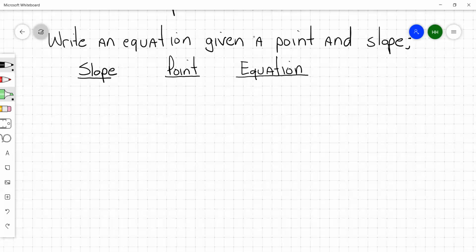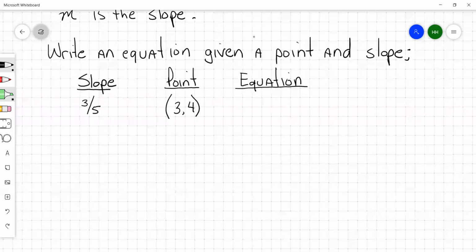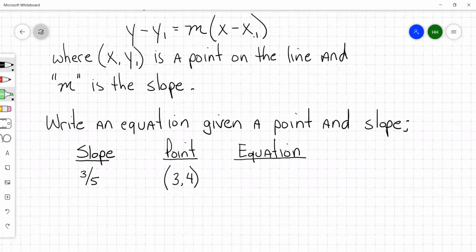All right, so if you're given a line with a slope of 3/5 and you're told that it goes through the point (3, 4), here's the equation. The equation has to fall into this format. And what this format means is, for writing an equation purposes, the letter y, and then the opposite of your y value at the point that you're given.